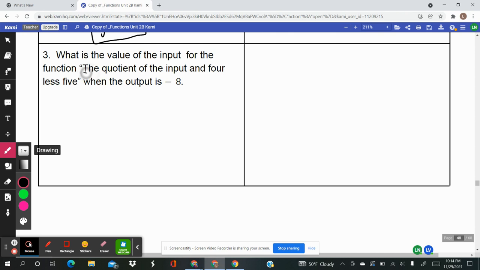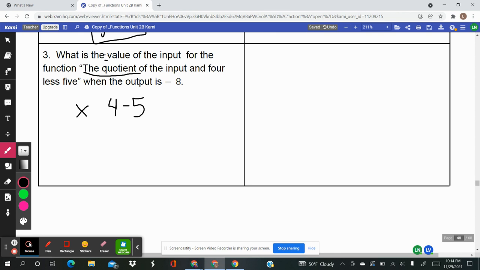Quotient means division. So we want to be doing some dividing of the input and 4 less than 5. So we're going to take the input, which is our x value, and 4 less than 5. Less than means minus.